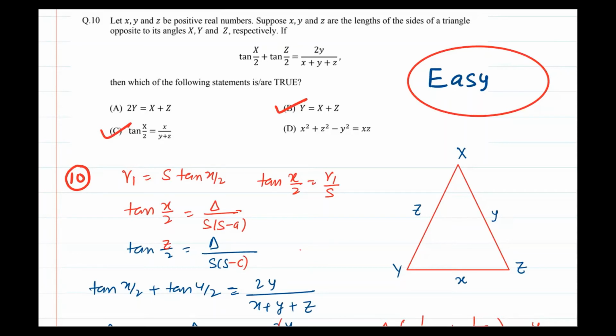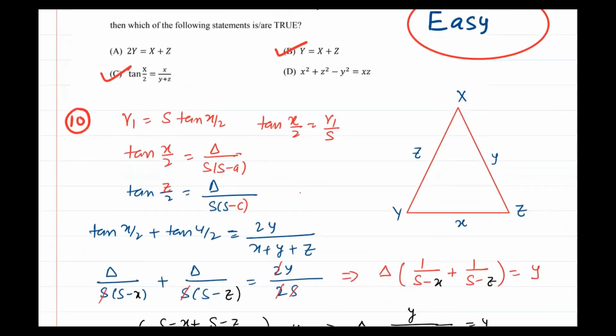So now let's discuss this problem. We get r1 equal to s tan x by 2, so tan x by 2 equals r1 by s, and here we get s minus a, and a is x. Similarly for z by 2, delta divided by s minus b, and this is s minus z.